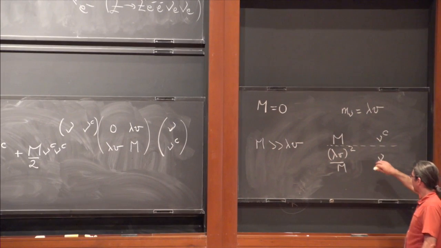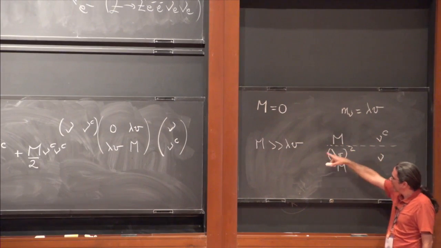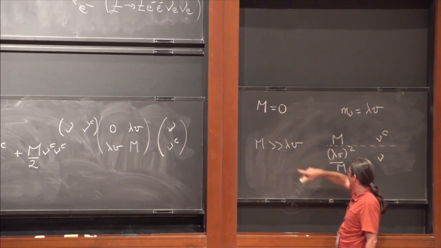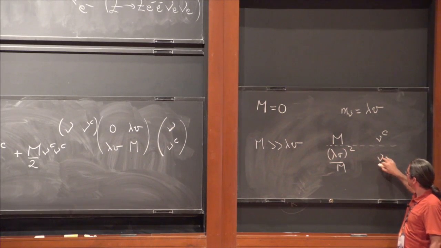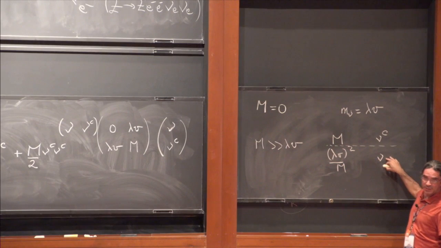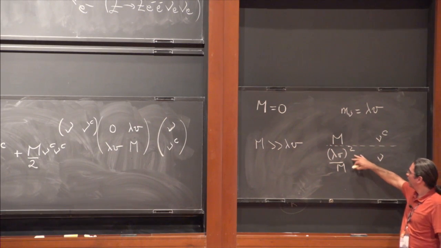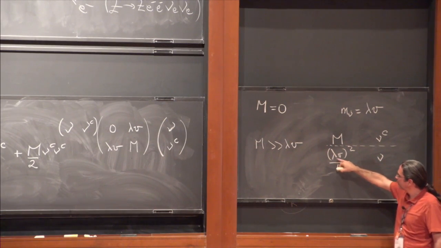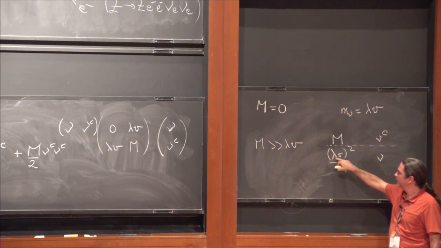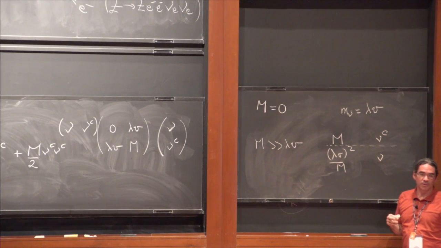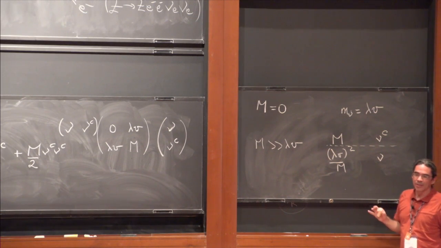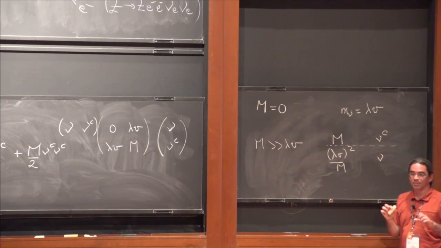So in this scenario, if this mass m is much, much bigger than these Dirac masses, you have this interesting phenomenon that what we call the neutrino mass, this is a standard model neutrino, is really, really light. So even if this lambda v is of order the weak scale, by making m large, I can make this neutrino very small. This is one manifestation of what's called the seesaw mechanism.